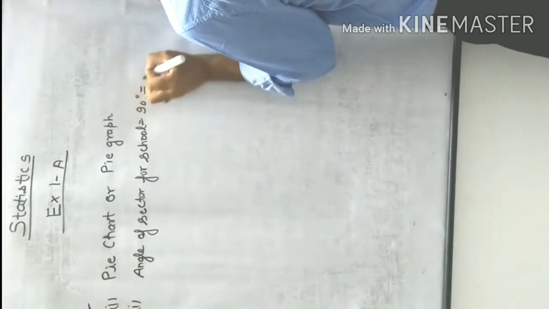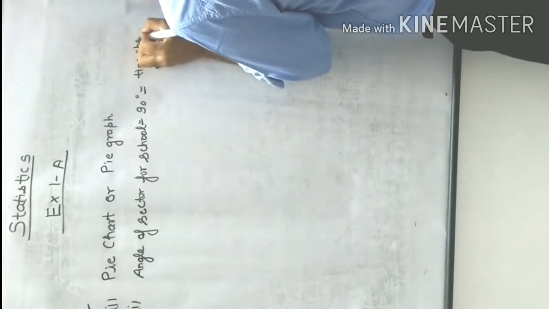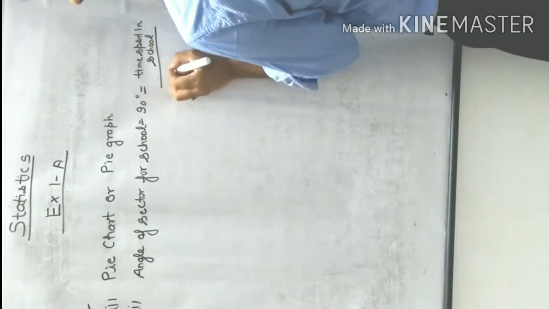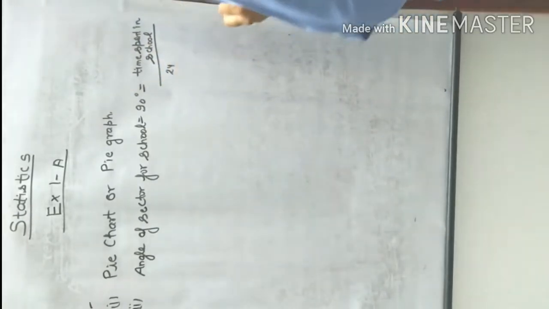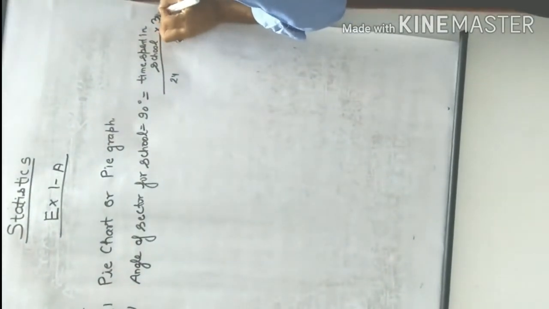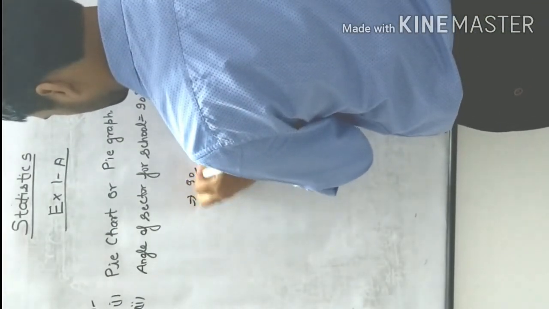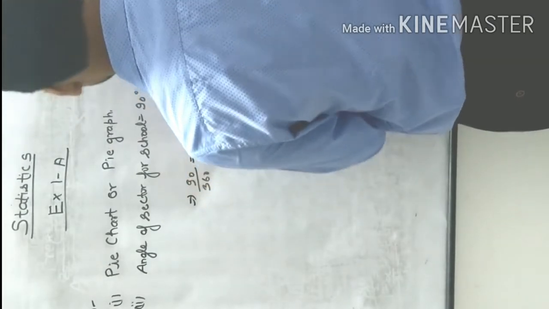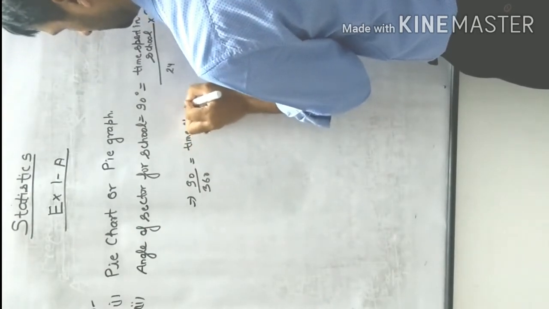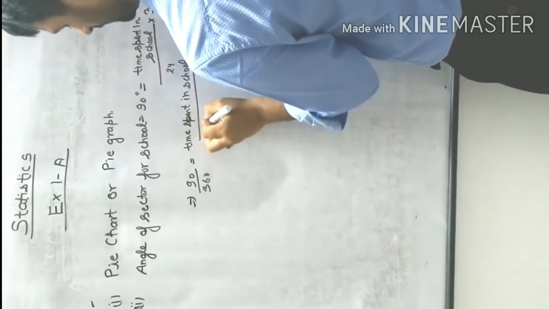Now this will be equal to what? Time spent in school upon 24, because in a day the total hours are 24, multiplied by 360 degrees. This implies that 90 upon 360 is equal to time spent in school upon 24.